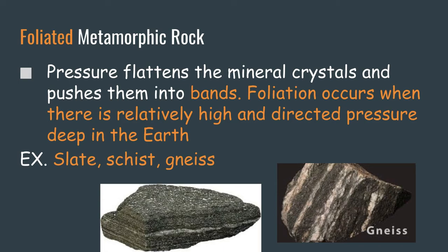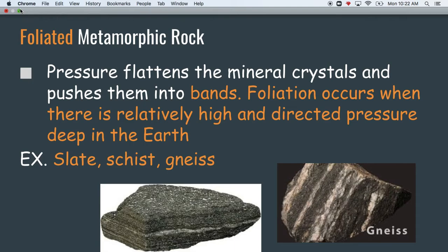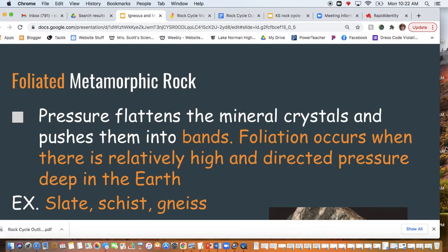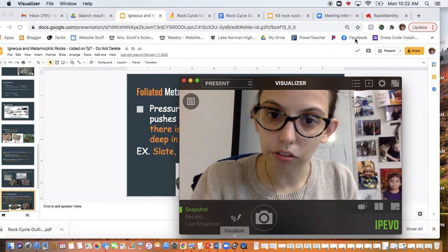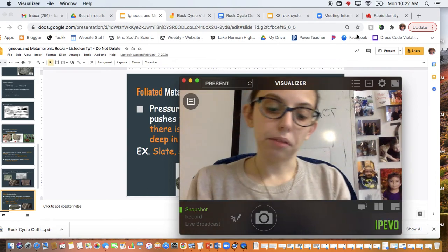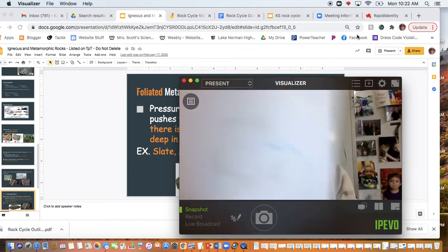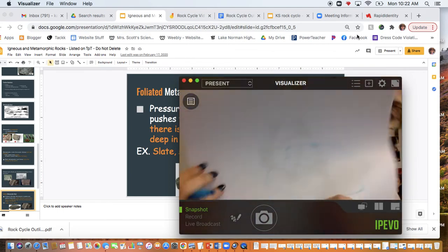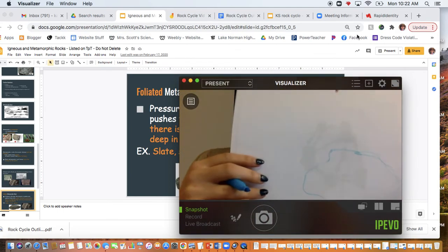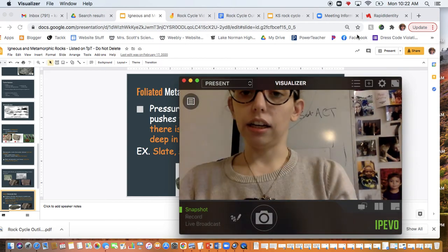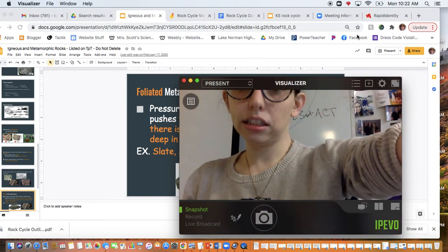Okay, so let me see if I can find a picture here. Okay, here we go. So I'm going to minimize this just a quick second and then bring myself up to the foreground. Hi, everybody. Okay, so directed pressure. Here's my rock that I'm about to turn into a metamorphic rock right here. Okay, I've buried it. I'm exposing it to a lot of heat.